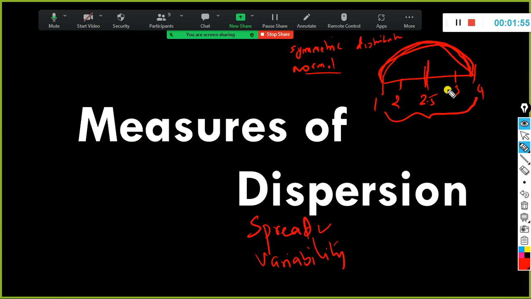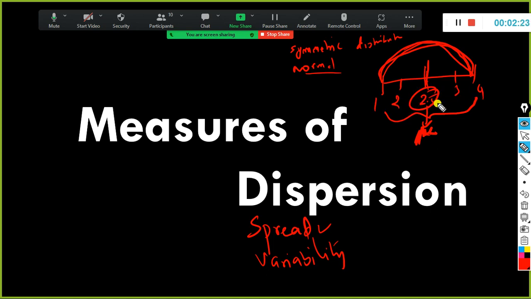When you are given the data set, the mean is here, and with the measures of spread or dispersion or variability, we are able to understand how far each value is away from the mean. For mean, we use a notation called mu. So 1 minus 2.5 is 1.5. The distance between 1 and 2.5 is 1.5, and the distance between 2 and 2.5 is 0.5.